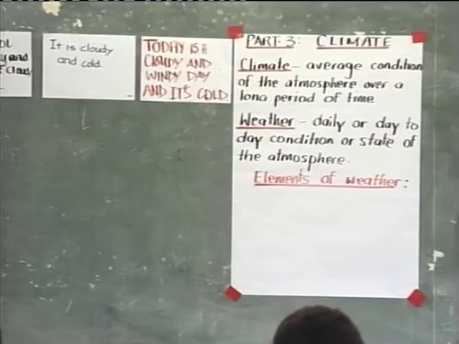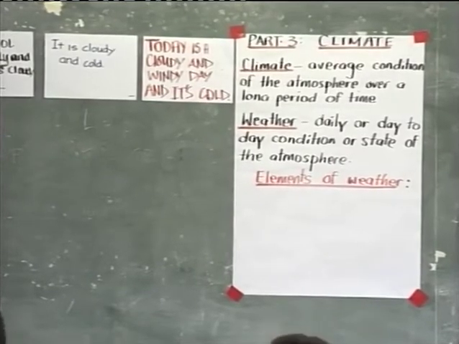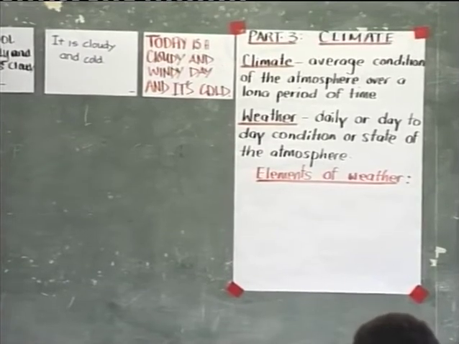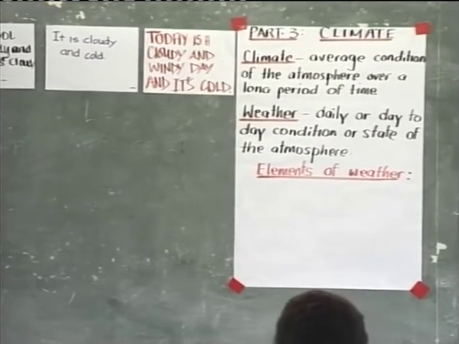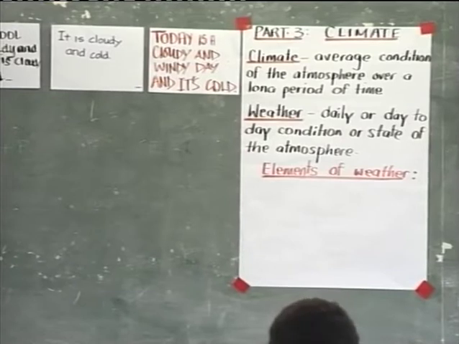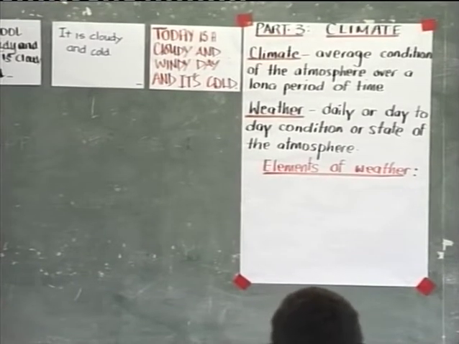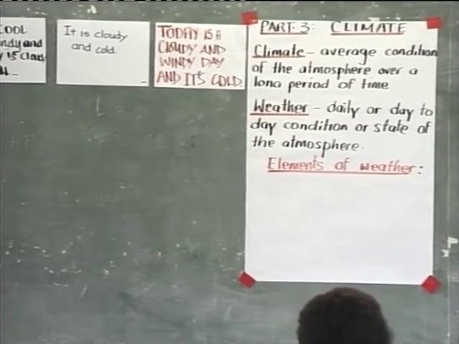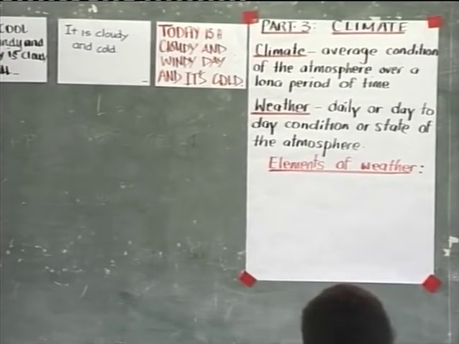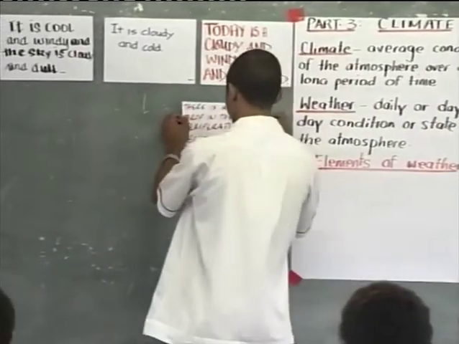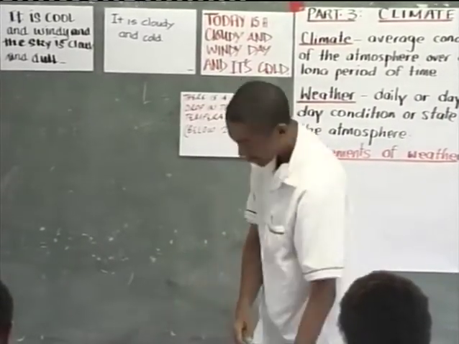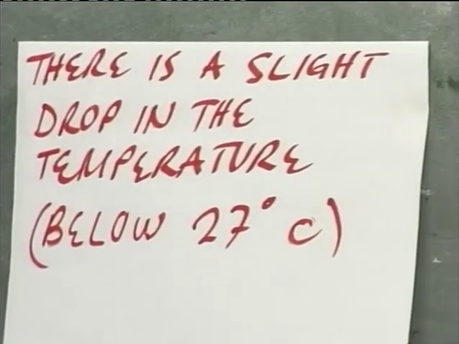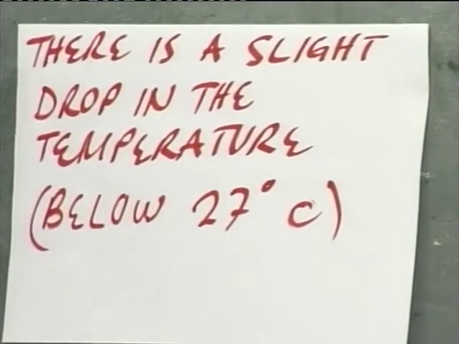Ovio. A drop in the temperature, which is below 27 degrees. Okay, thank you.